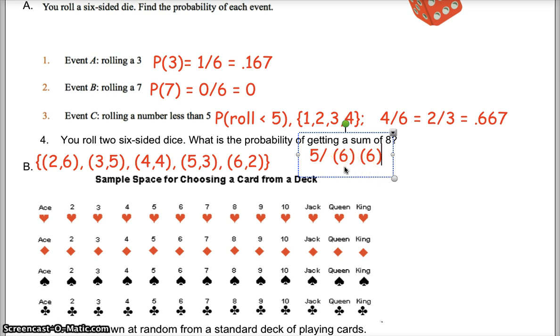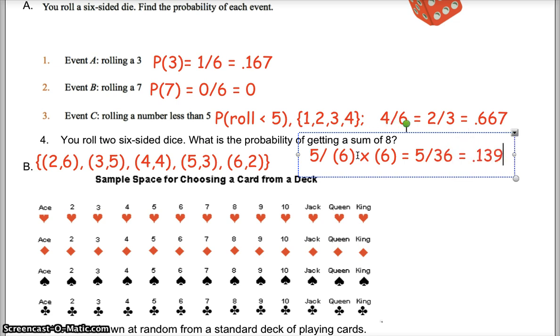And if we think about the fundamental counting theorem, it tells us that when we have successive events, we multiply the number of choices in each individual event. So our first die is event 1, our second die is event 2. We have 6 choices in each, so we would multiply those. So our probability is 5 out of 36, which is equivalent to 0.139.